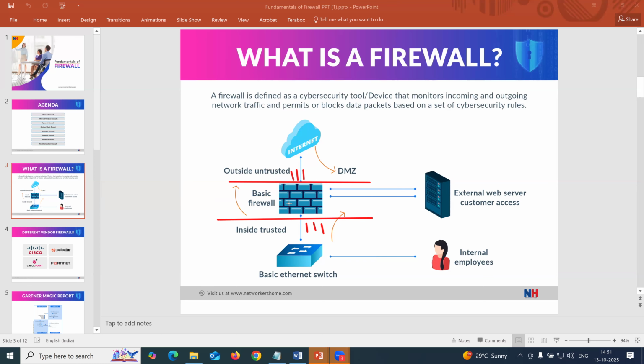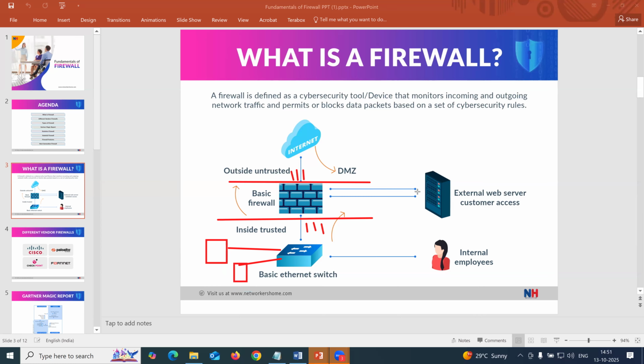So this word has come from the same concept. And how does that concept match here? I'll tell you. Guys, I might have my servers, like in NH, we have multiple servers and all. Let's say I have two servers connected here.